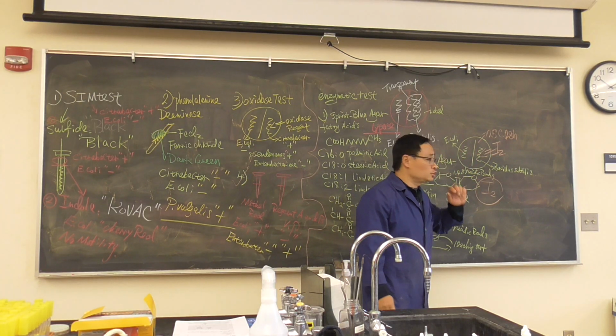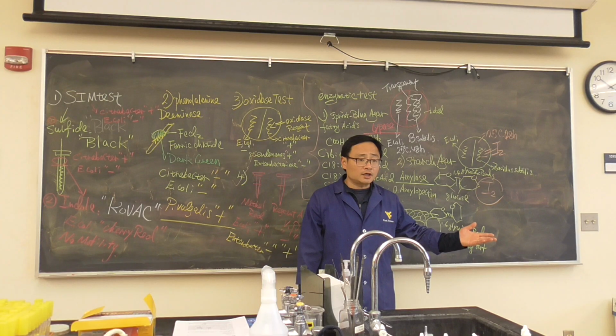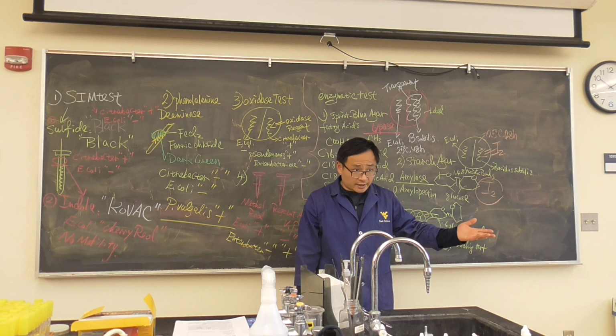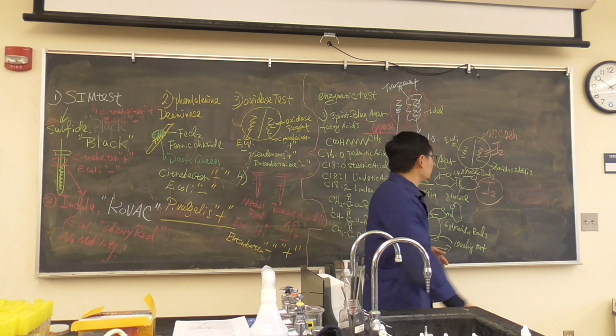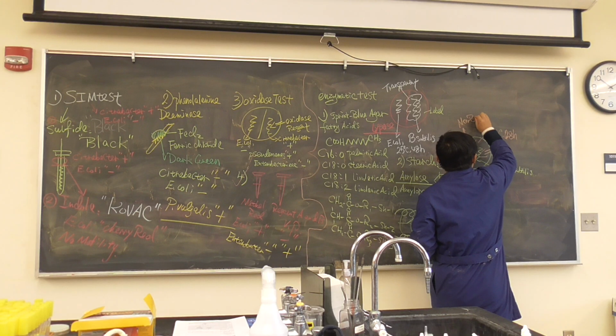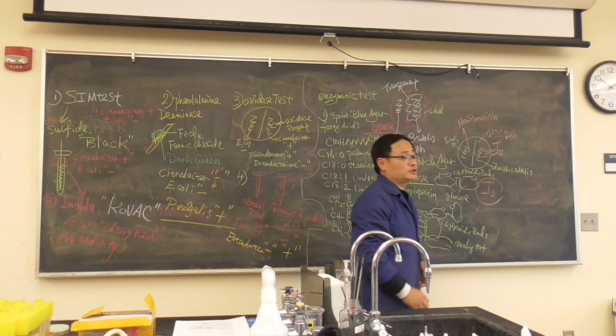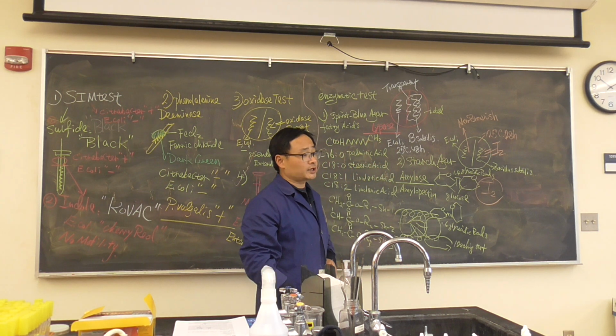If one side shows brownish color, what does this mean? It means the starch is still there and the bacteria have not used it. So we look for the side that is non-brownish. Then what does this mean? Starch has been used.